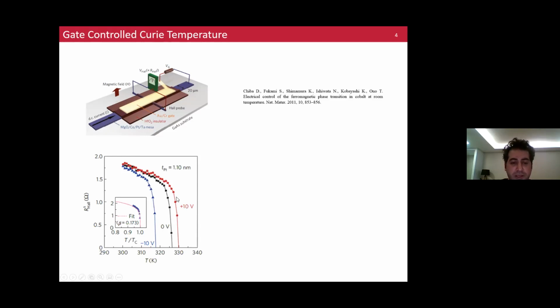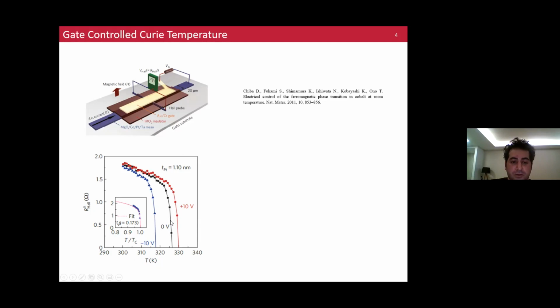First, they made experiments as a function of temperature. When there was no voltage applied, they observed this. The x-axis shows temperature, and the y-axis shows the measured resistance. When there was no voltage, they observed this black curve. It goes to 0. We know that Hall voltage is related to the perpendicular magnetic anisotropy of a system.